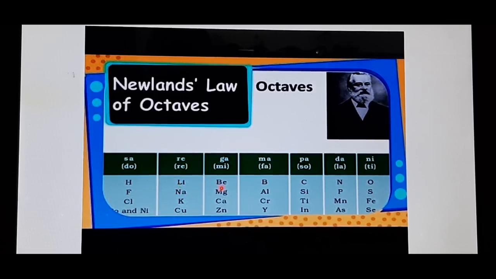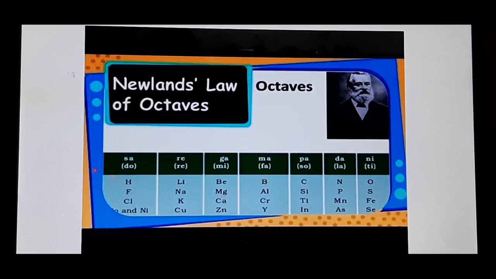If we start from beryllium, 1, 2, 3, 4, 5, 6, 7, 8, magnesium is the 8th element, so its properties will be similar to beryllium. You can count from anywhere: the 8th element will have the same properties as the first one.